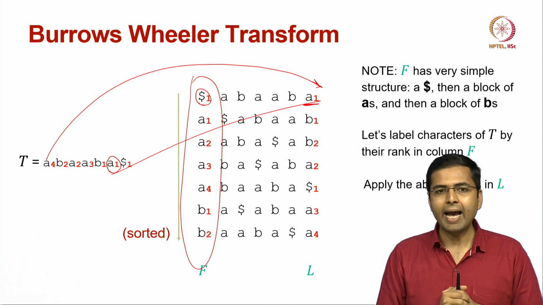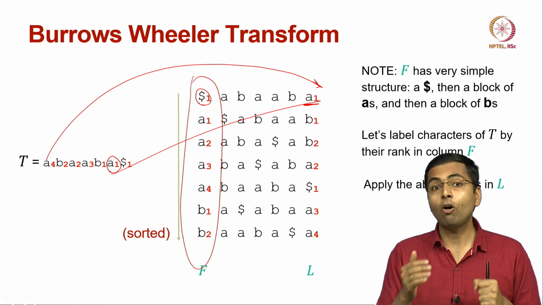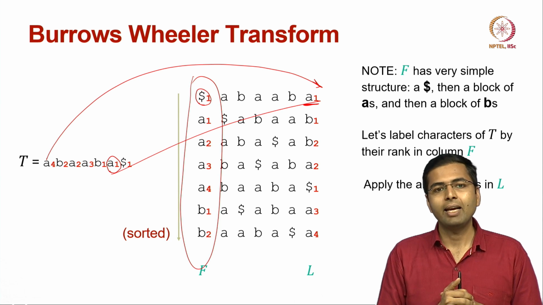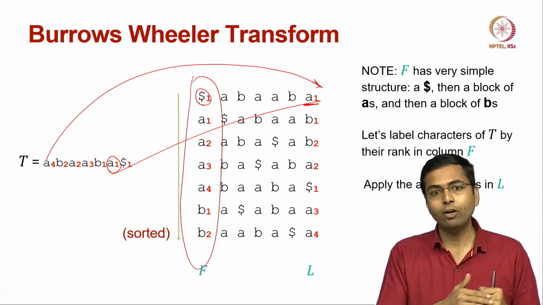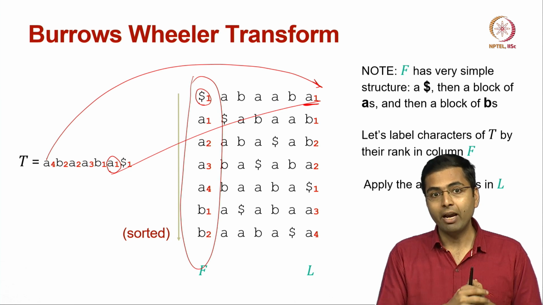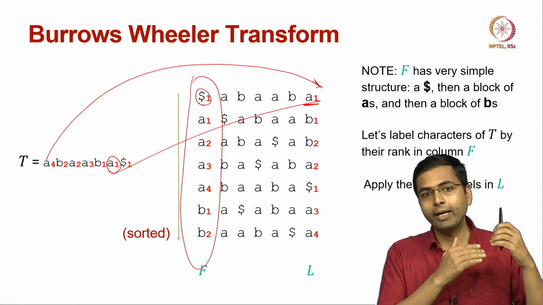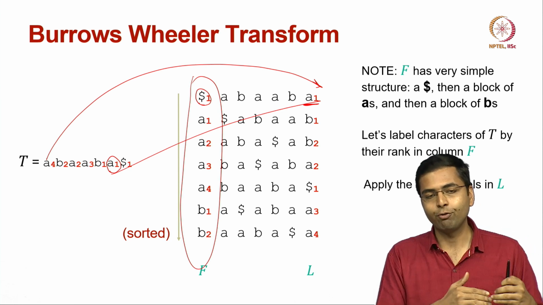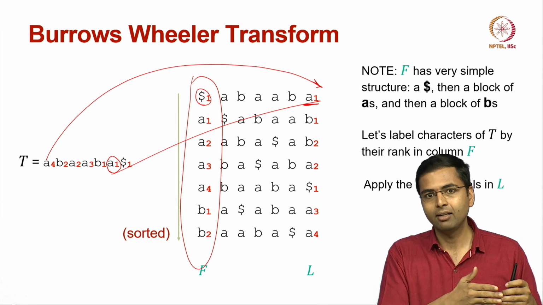Well, observe that the relative ordering of A's or relative ordering of B's in column F and column L is the same. That is, in column F, A1 occurs before A2, before A3, before A4. That is because of the ranking that we did.